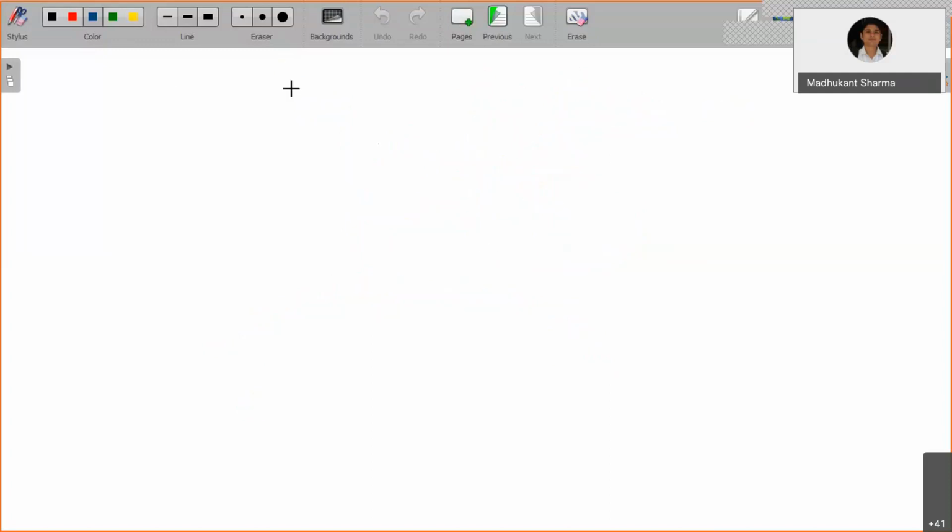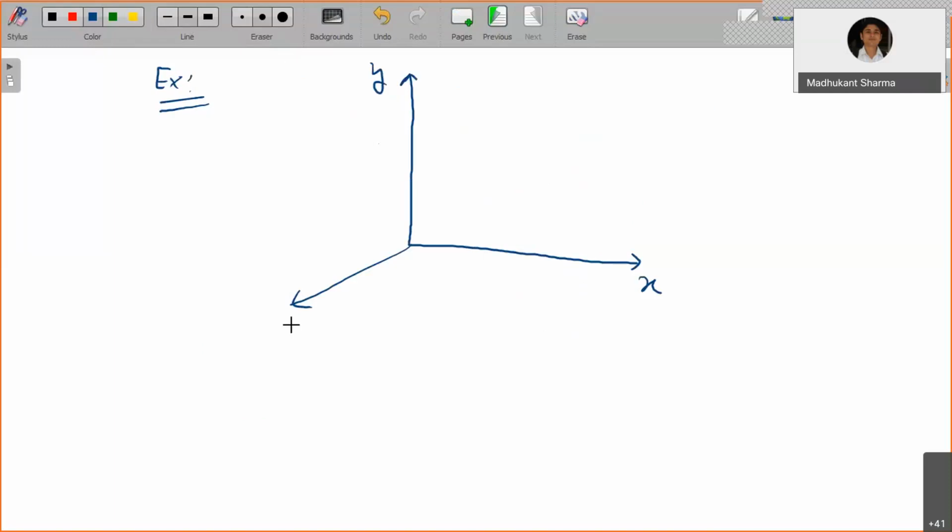Let's consider a pyramid of 3 meter height that has a square base which is 3 meter on a side. So this is X, this is Y, and this is Z. The pyramid looks like this, in the XY plane.